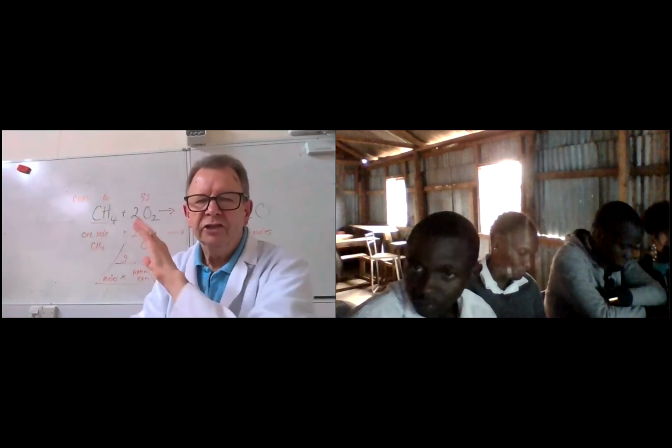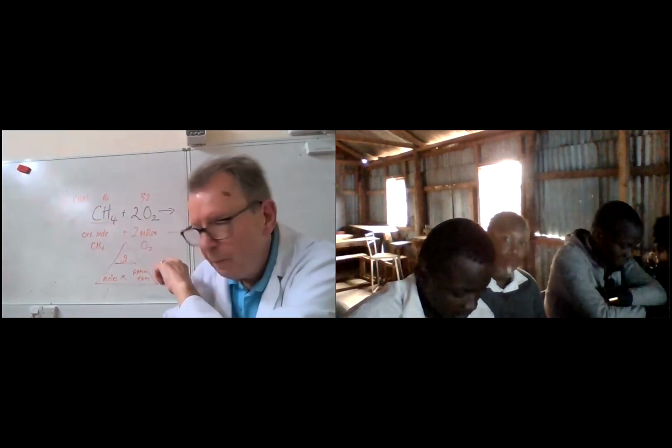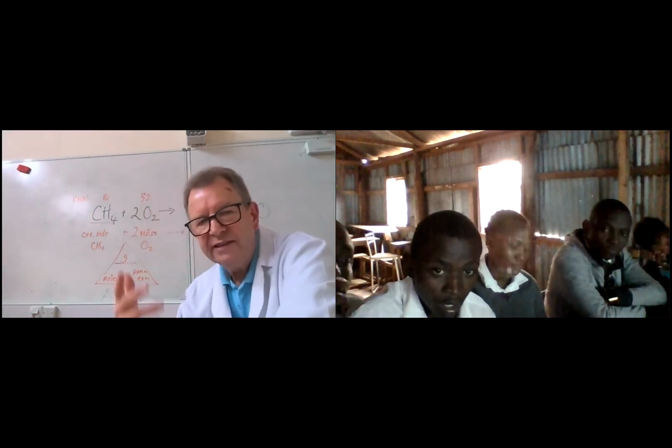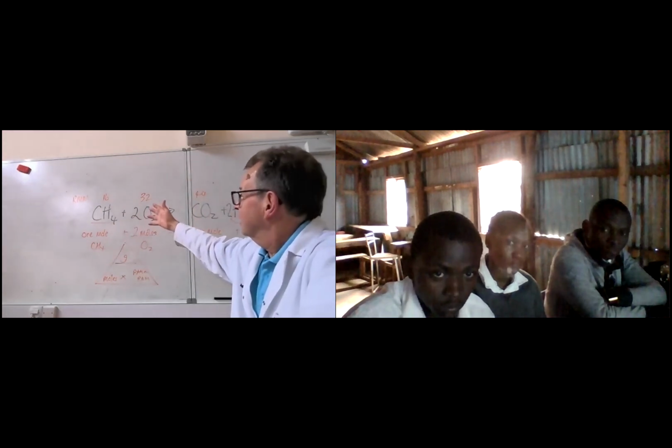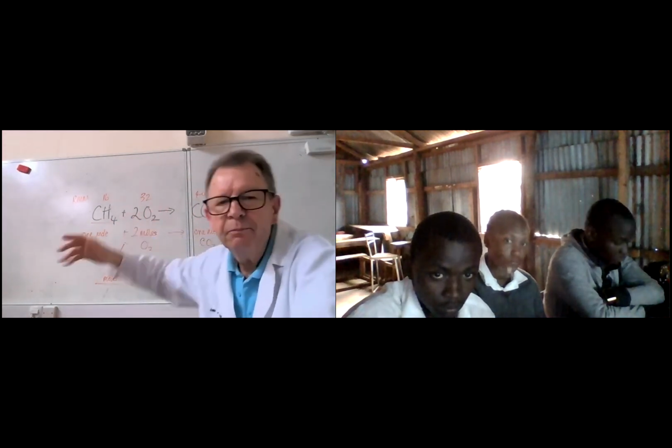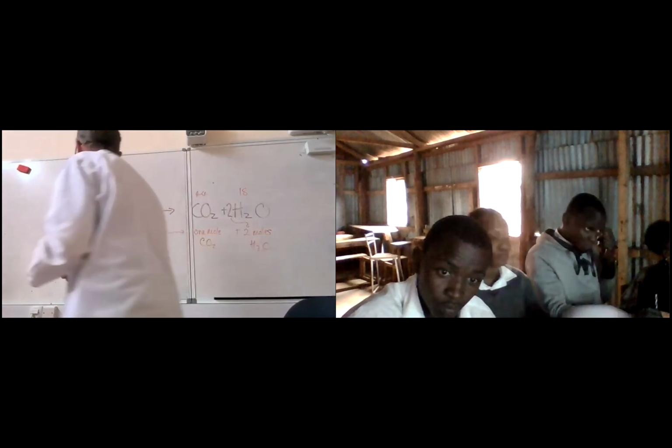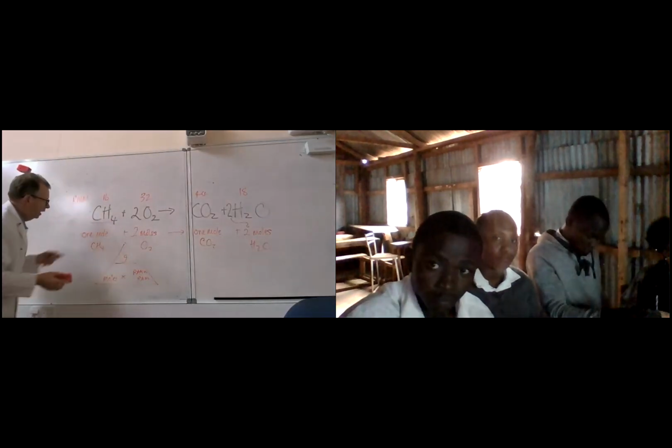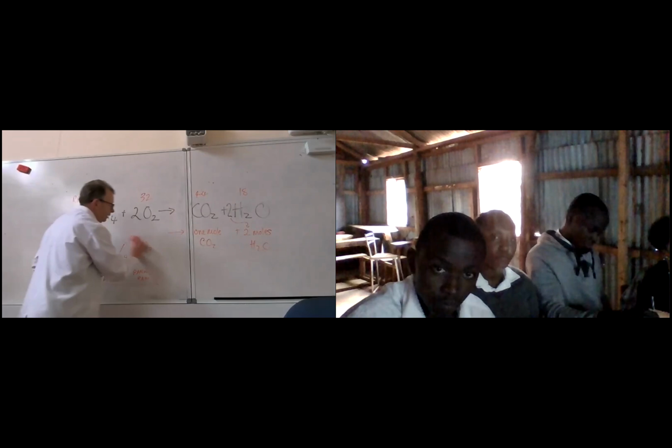Okay. So let's see what we do here. Let's say I start with something simple, 1.6 grams of methane, and I want to know how much carbon dioxide is made, okay? So I'll show you that now. It's really not very difficult, I promise.